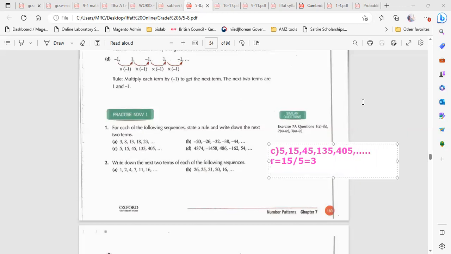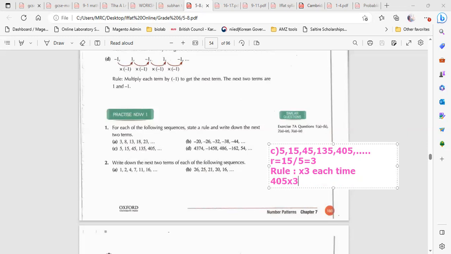So we can say, what is the rule? The rule is multiply by 3 each time. Okay. So the next two terms will be 405 multiplied by 3.